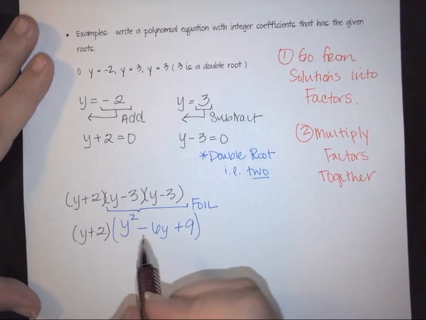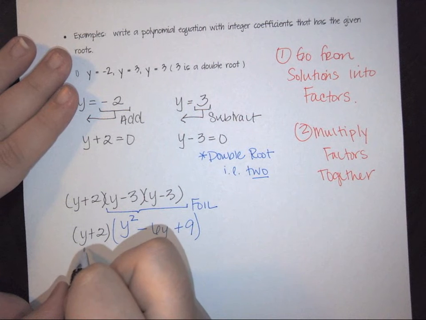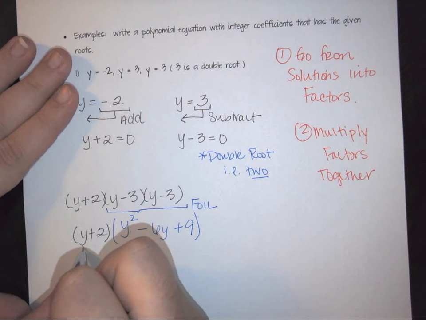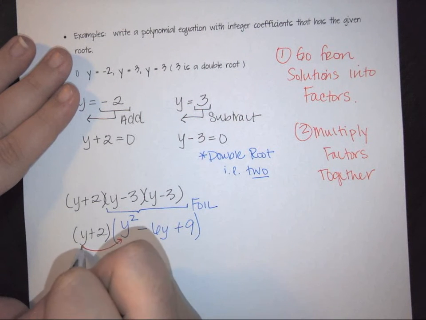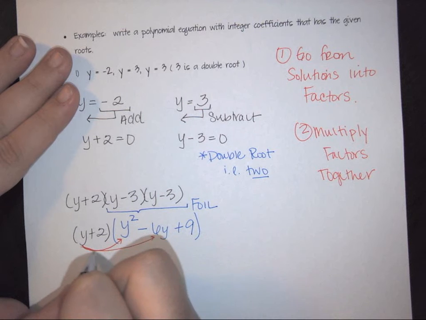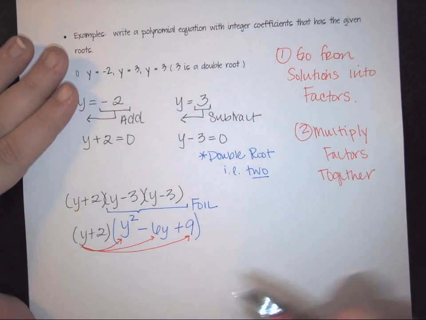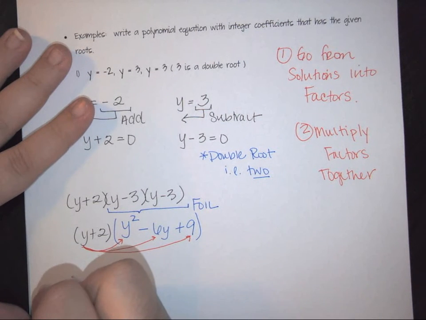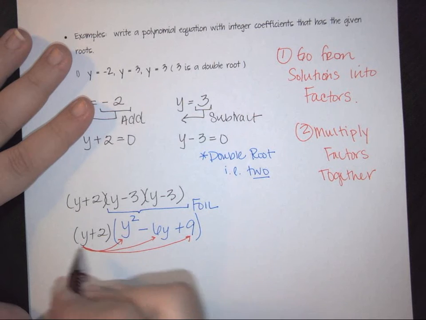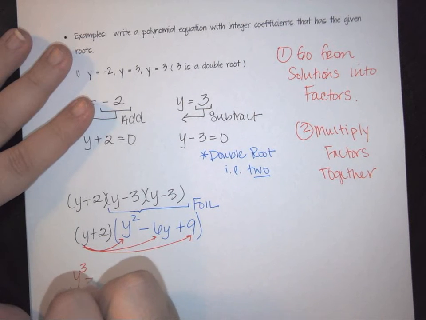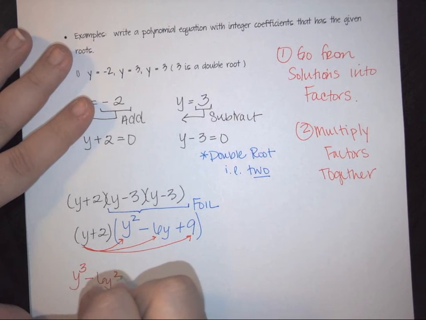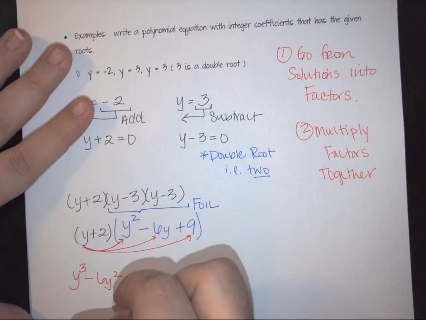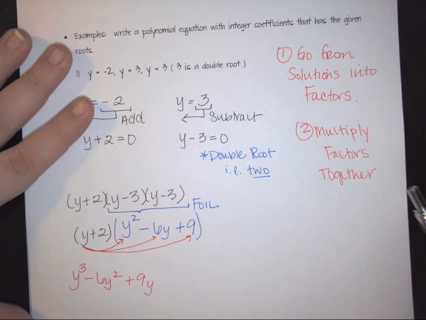For this next multiplication, we're actually going to use the distributive method. So I'm going to take y into the first term, the second, and the third. So y times y squared gives me a y cubed. Y times -6y is -6y squared. And then we get plus 9y.